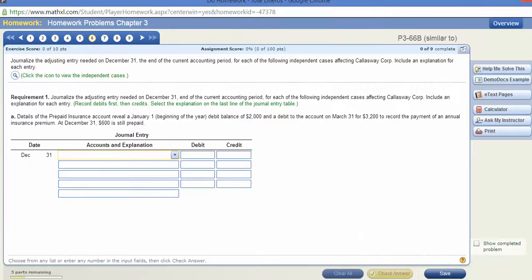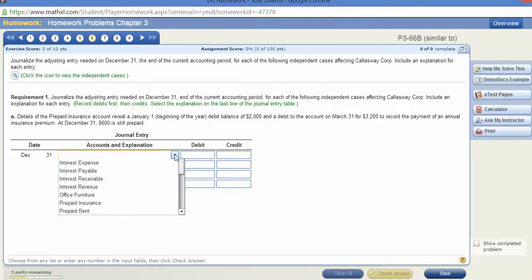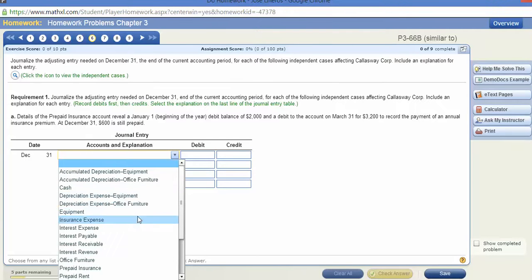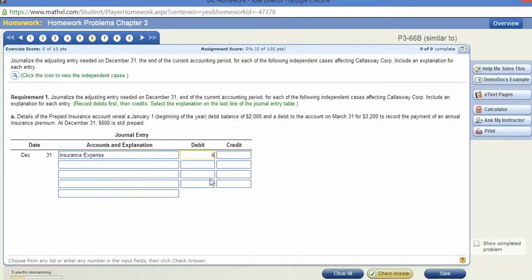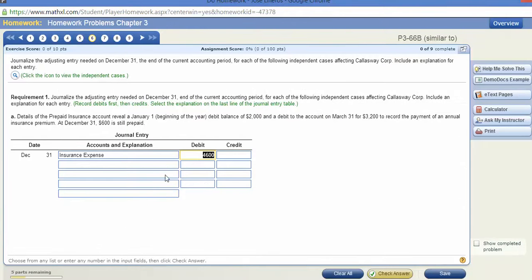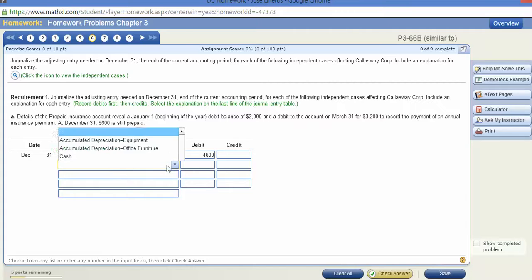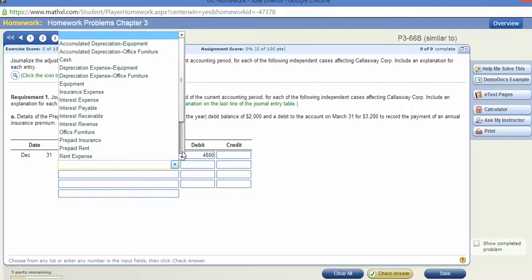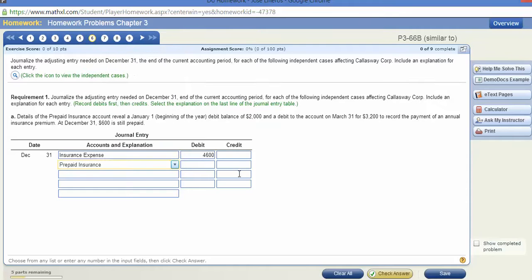So we come back over here, and we're going to debit insurance expense for 4,600. That's matching exactly this. And then we're going to make an entry to prepaid insurance. This is how we work prepaid insurance down. As we recognize insurance expense, we work the prepaid insurance account down.